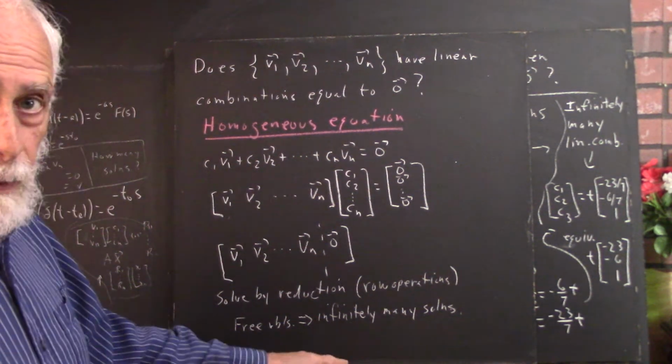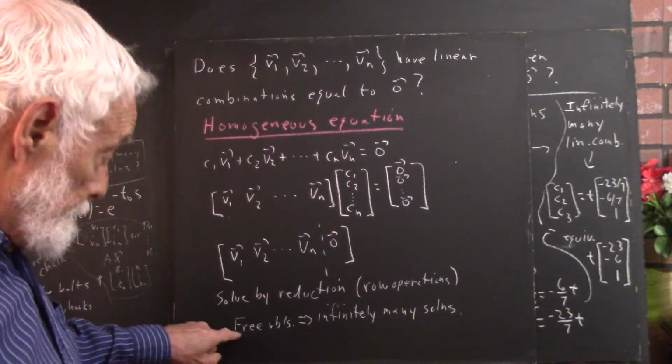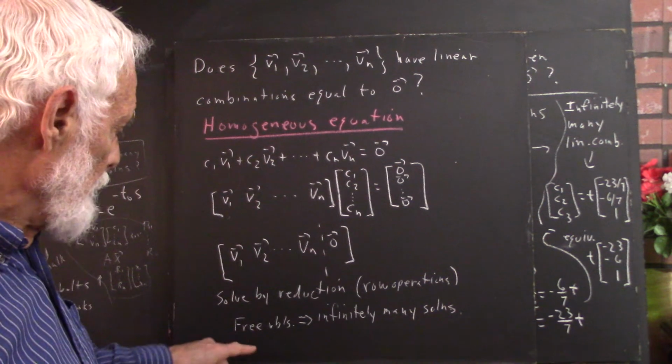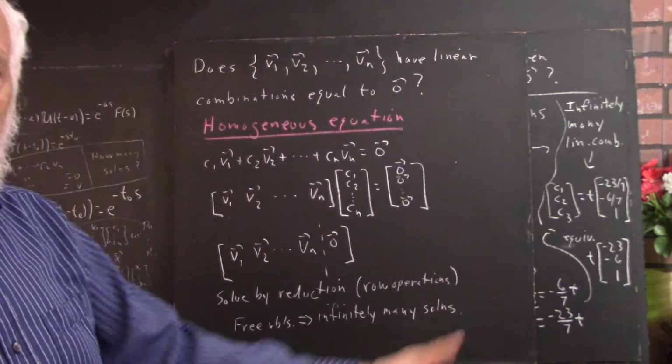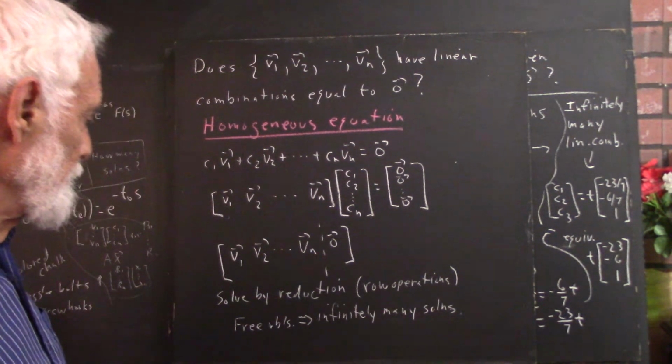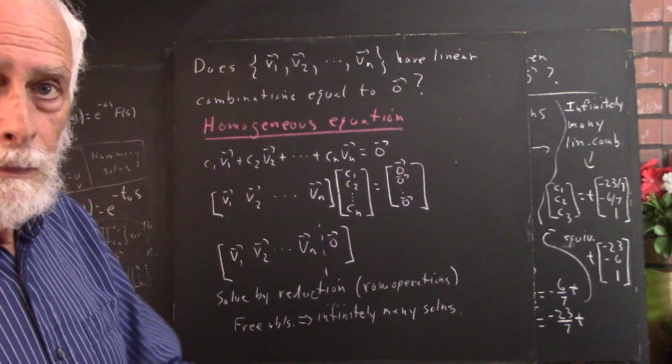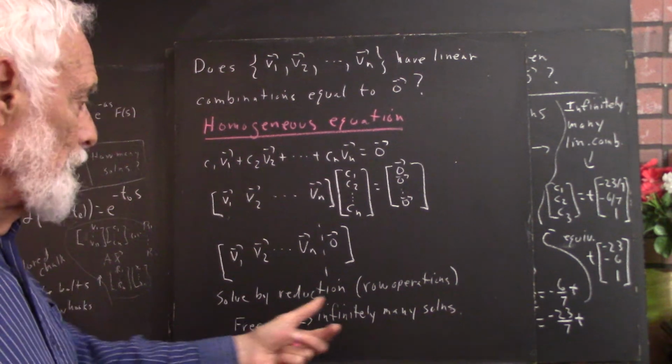Now you might or might not be at the stage where you understand what I'm about to say, but if you have one free variable, you get a one-dimensional subspace or subset of solutions. If you have two free variables, you have a two-dimensional subset of solutions.